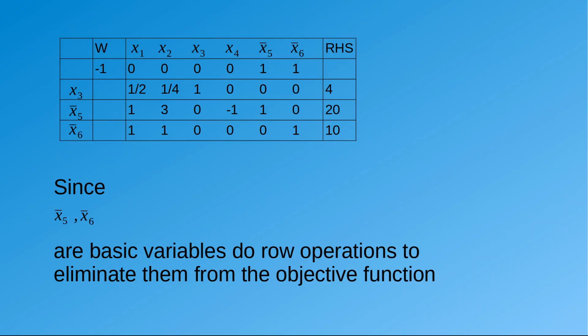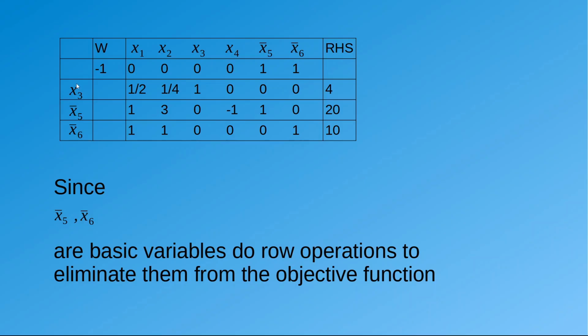There we have the simplex table now. The coefficients of x1, x2, x3, x4 are of course 0, and that of x5 bar and x6 bar in the objective function is 1 and 1. Below this we have noted the coefficients of x1 to x6 bar in all the three equations, and the RHS of the equation is written here.